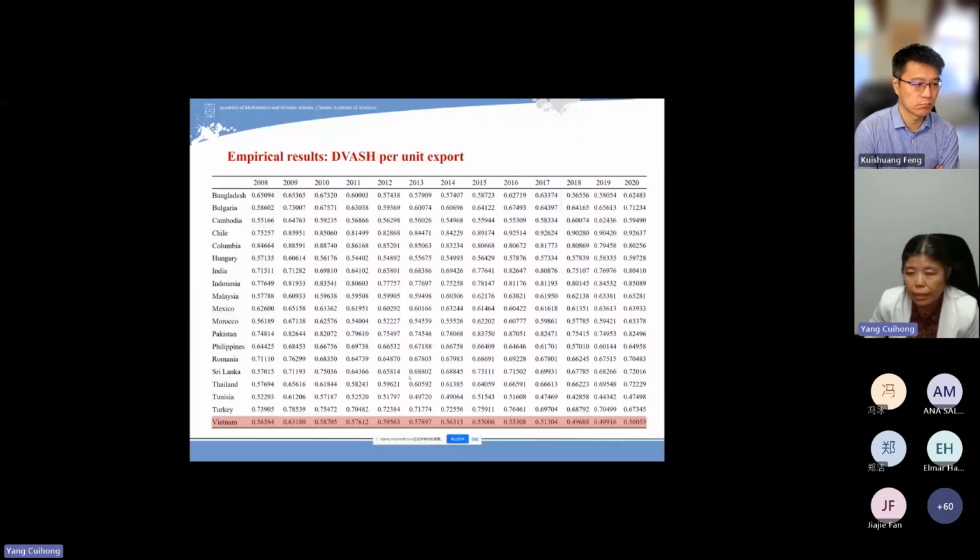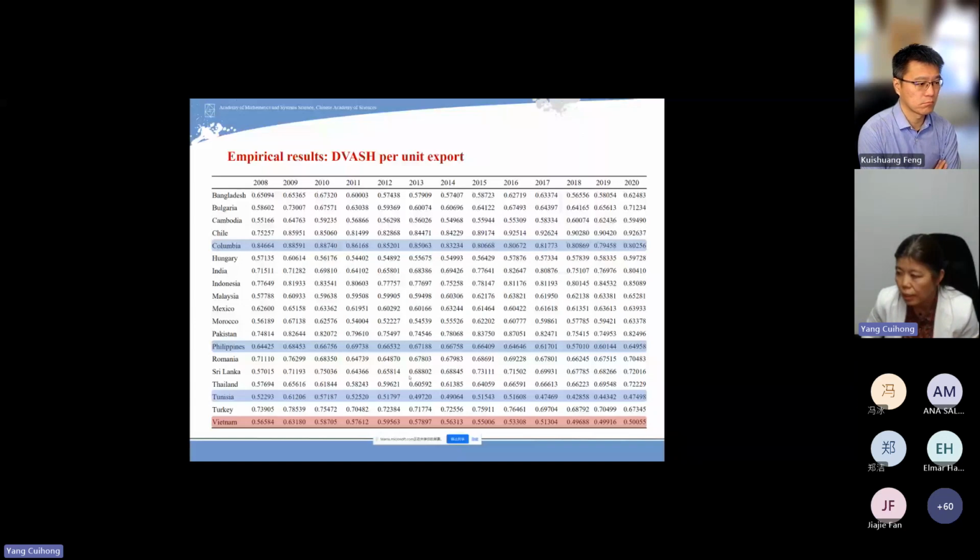And other economies, for example Colombia, the Philippines, and Tunisia, show a very similar trend in terms of their domestic value-added share of gross exports.